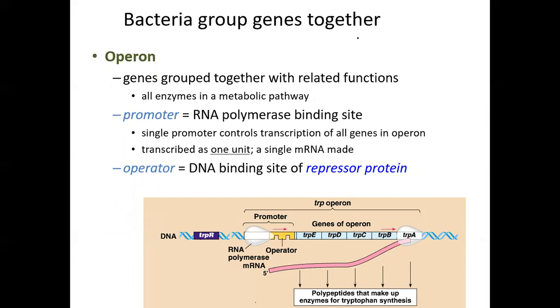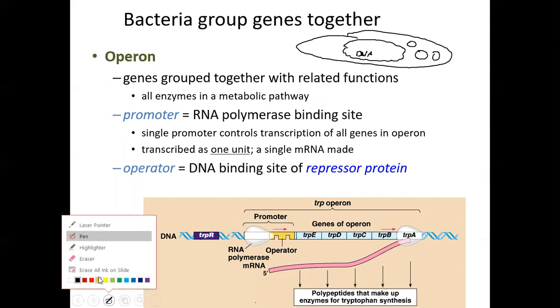If we had a little bacteria cell, you have this big circular DNA, and you have little tiny circles of DNA called plasmids. A plasmid can have multiple operons. So you've got to understand that.